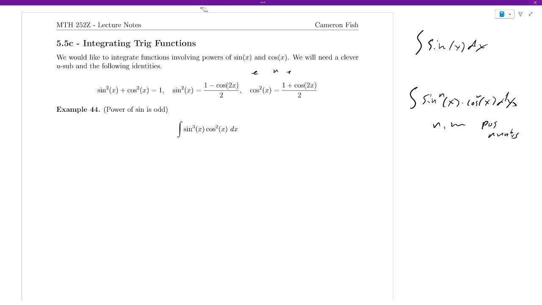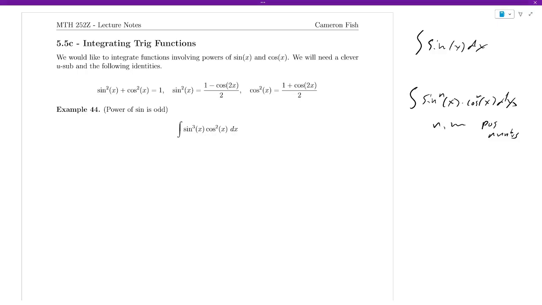Notice this is not a typo. The one that has sine in it has a cosine here, and the one that has cosine squared also has a cosine. So the only difference between these two is minus versus plus. These are a little bit weird. You don't necessarily have to memorize them. You should just know that they exist and that they will be needed when you're doing this style of integral.